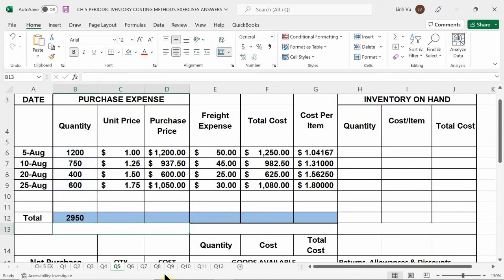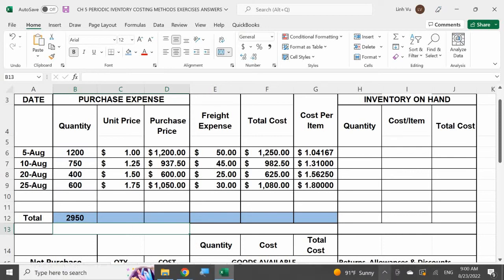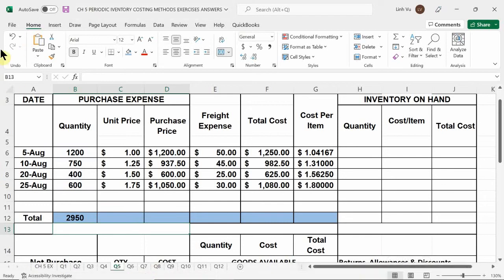Let's do it again. 1,200 plus 400 is 1,600 plus 600. Are you doing the goods available? Maybe? Hold on. 29.50. Yeah, it should be 29.50. Okay. What's my total purchase price?